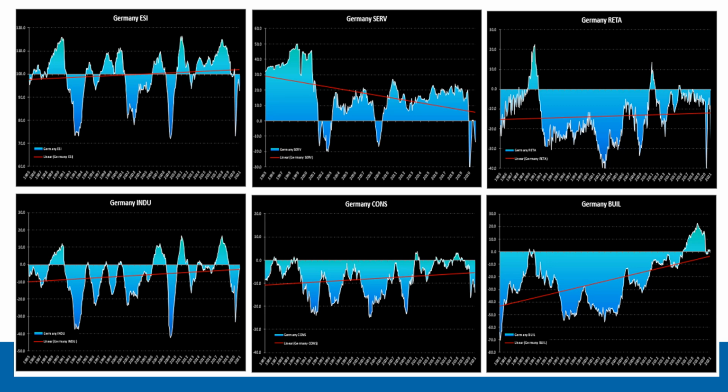And German construction, apart from some blips in the late 80s, early 90s, all negative, apart from in recent history, the 2016 to 2020 period, and now at the time of recording, hovering around zero. So yes, above trend for the 2015 period onwards, but looking tentative at the time of recording.